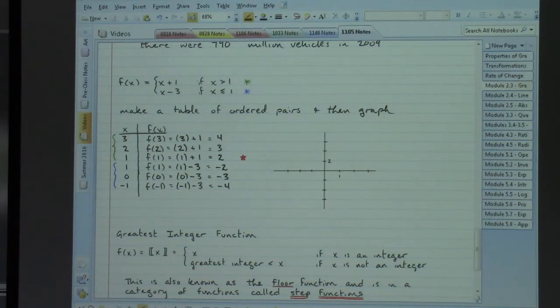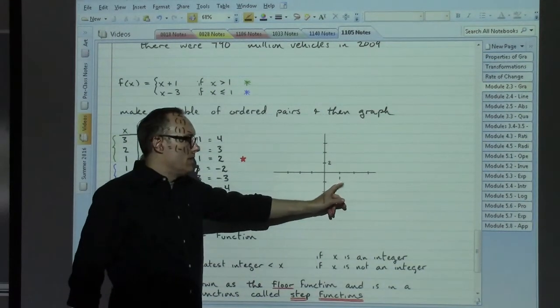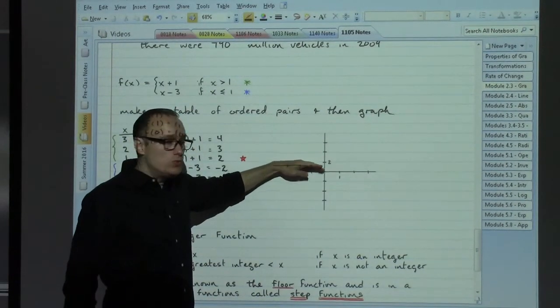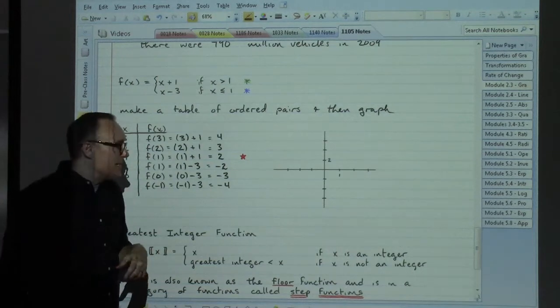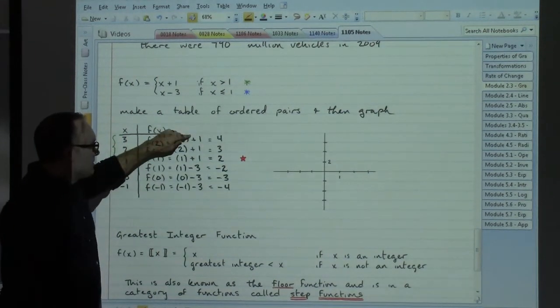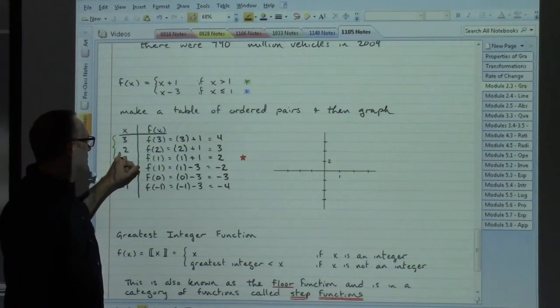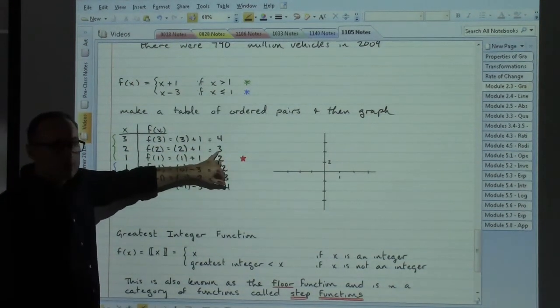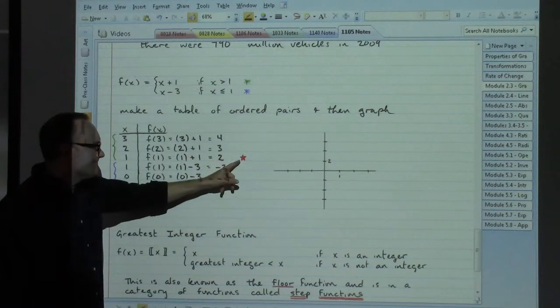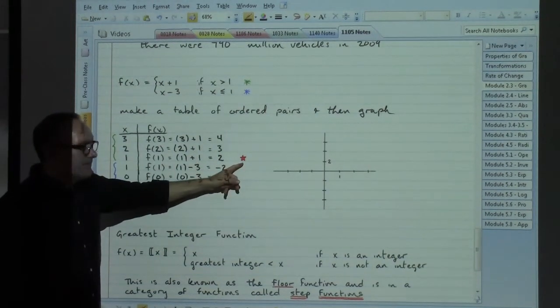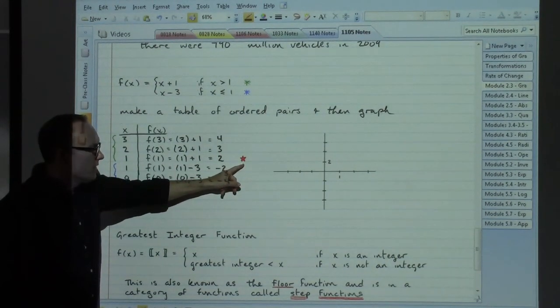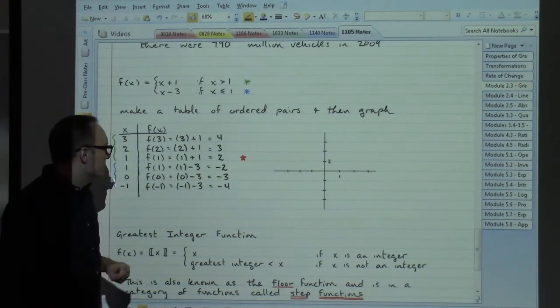According to the grid that I have, our x's are going to go by 1s, and our y's are going to go by 2s. So we can now put dots in here. We'll use green dots for x equals 3, y equals 4, and for x equals 2, y equals 3. Since this other entry is going to be special, we're going to use a red marking for that one.